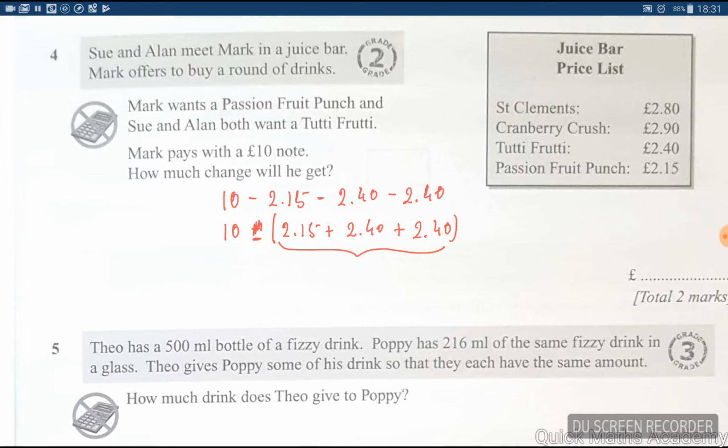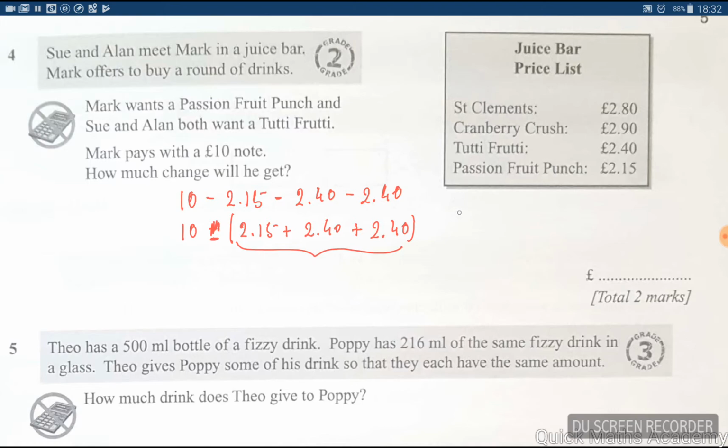Okay, so I will add all my expenses. So 2.15, 2.40 and 2.40. Adding all together, I will have 5, 4, 9, 6.95 are my expenses. So I have to take 6.95 pounds from the £10.